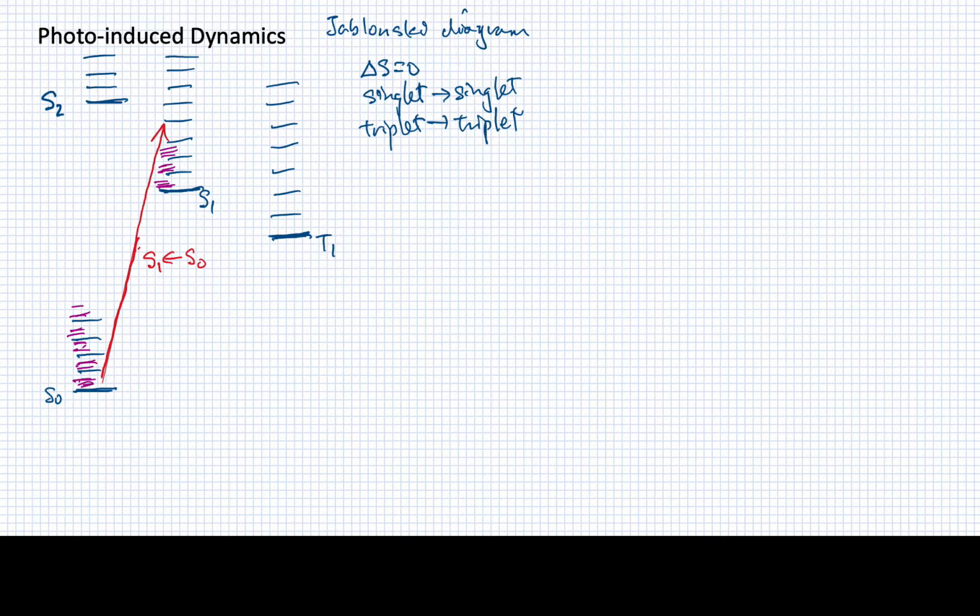We can also have excitations that take us directly up to the second excited singlet state, so this would be S2 being excited from S0. Both of these are excitation steps, and I want to say a little bit about each of these. Absorption of a photon, in this case, is an excitation step.